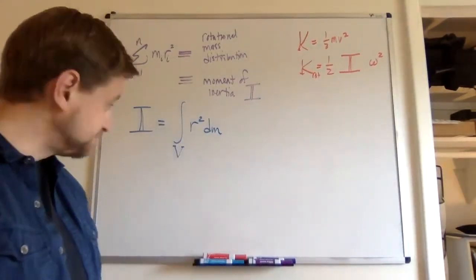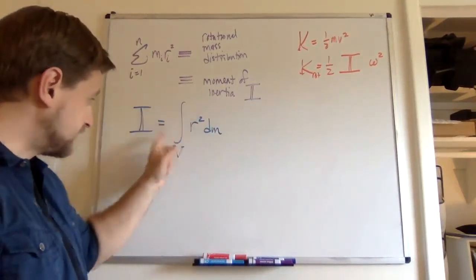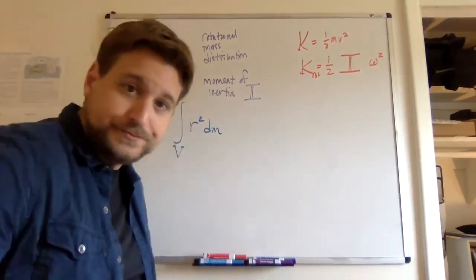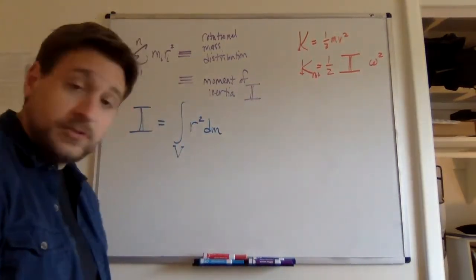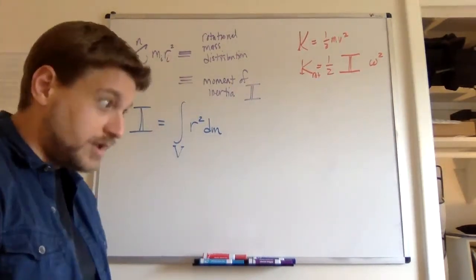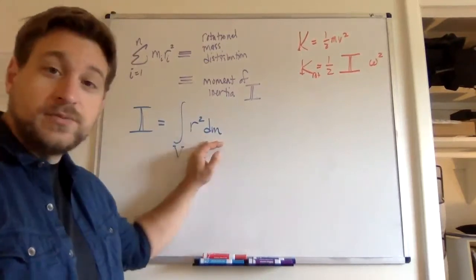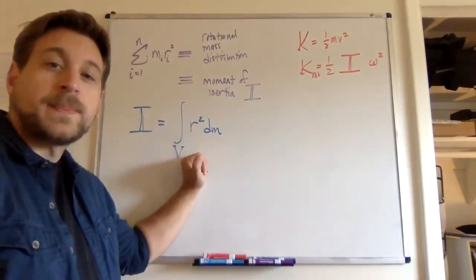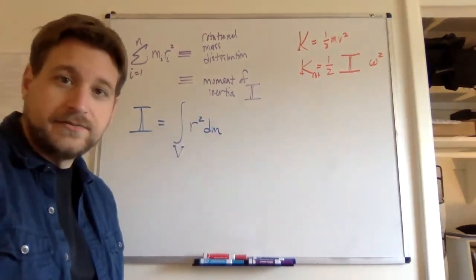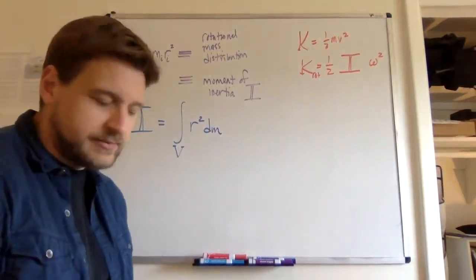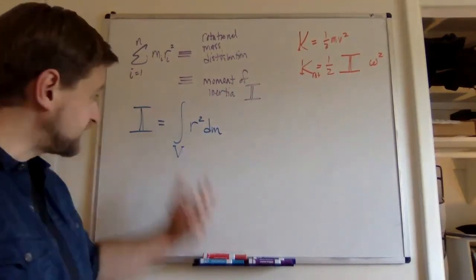That's the differential part. R squared dm as an integral over the volume of the object. Anytime we want to do that, we want very much to leverage the symmetry of the situation so that we can do what we did with the path integral and rewrite this as a single integral in a single scalar variable. And then we can integrate and be fine. We'll practice that this week, but we needed to see the definition here.